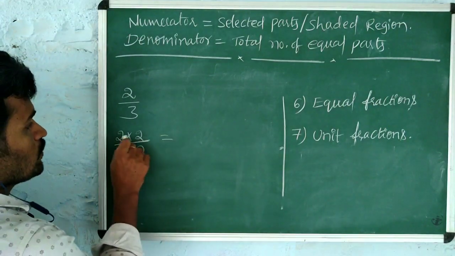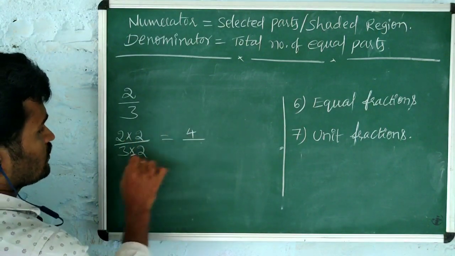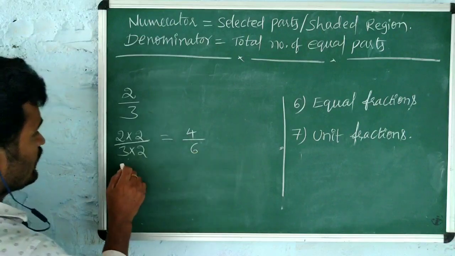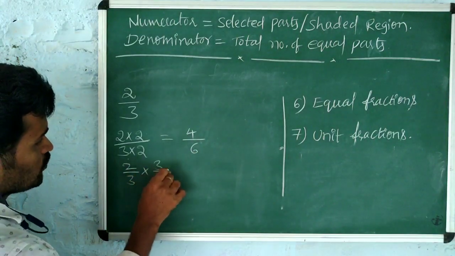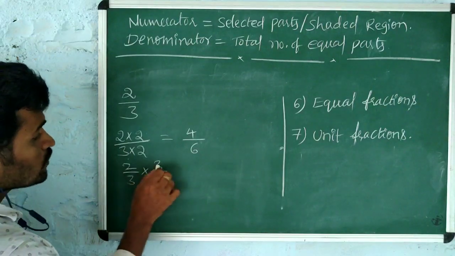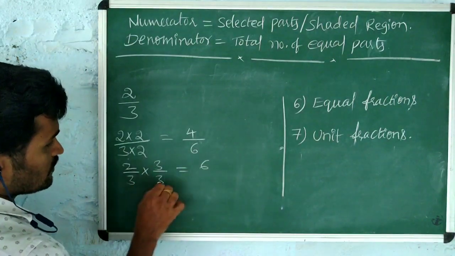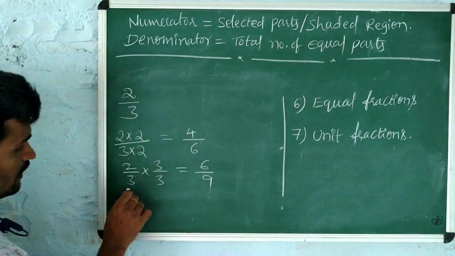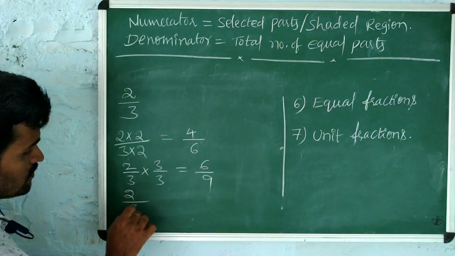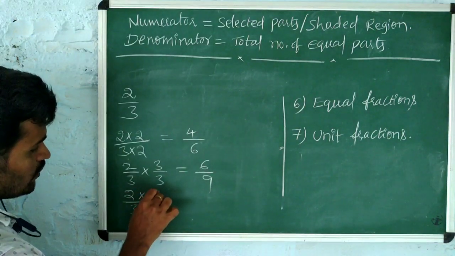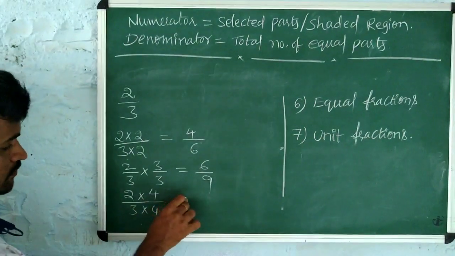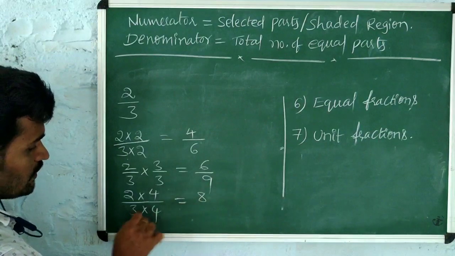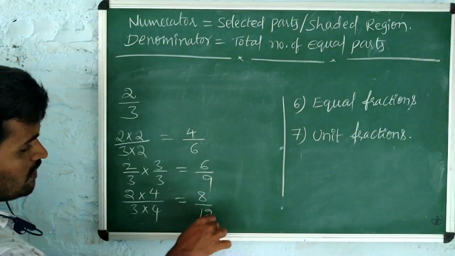See, 2 2 is 4, 3 2 is 6. Next, multiply 2 by 3 with the same number in numerator and denominator: 2 3 is 6, 3 3 is 9. Next, multiply with the same number: 2 4 is 8, 3 4 is 12.